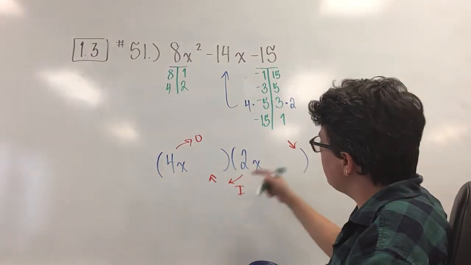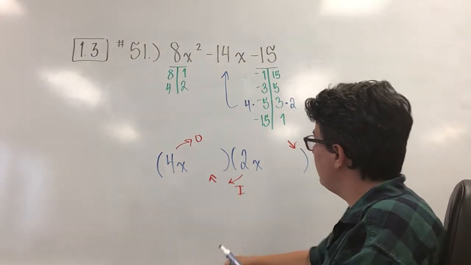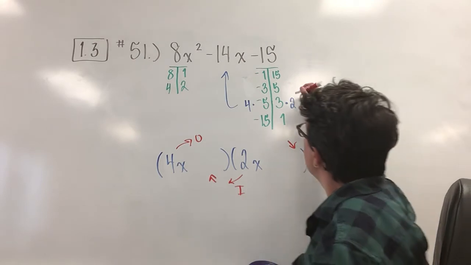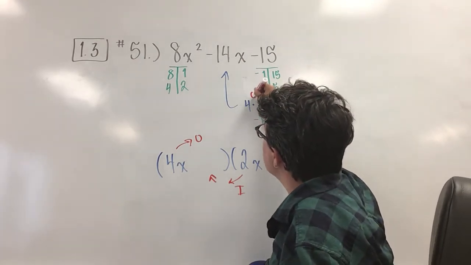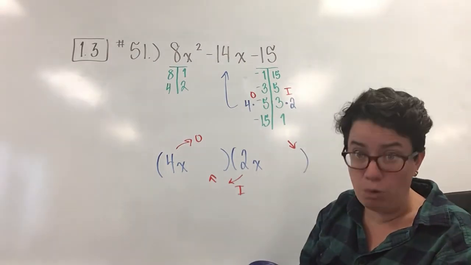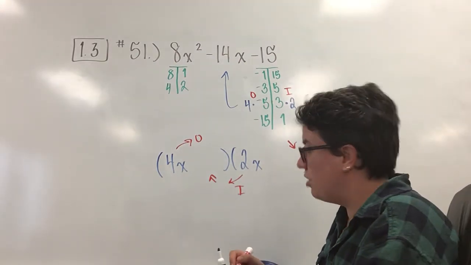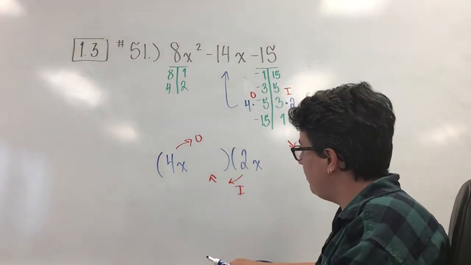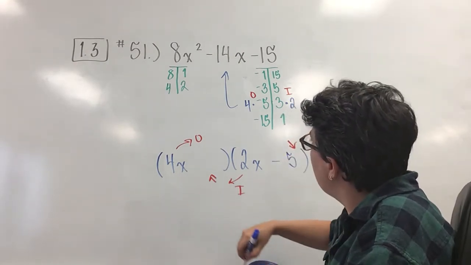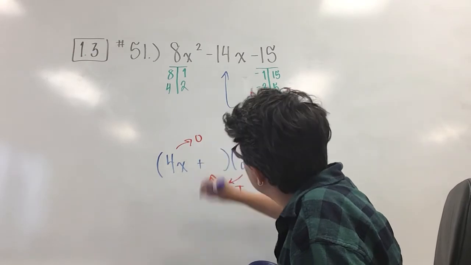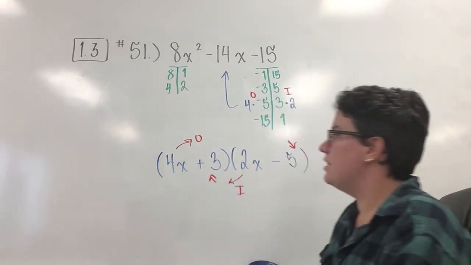And so then, since 2 is being multiplied by the inner term, we know that this is our inner, and this therefore must be our outer if we're thinking in terms of FOIL. And so then negative 5 is our outer term here, and plus 3 is our inner.